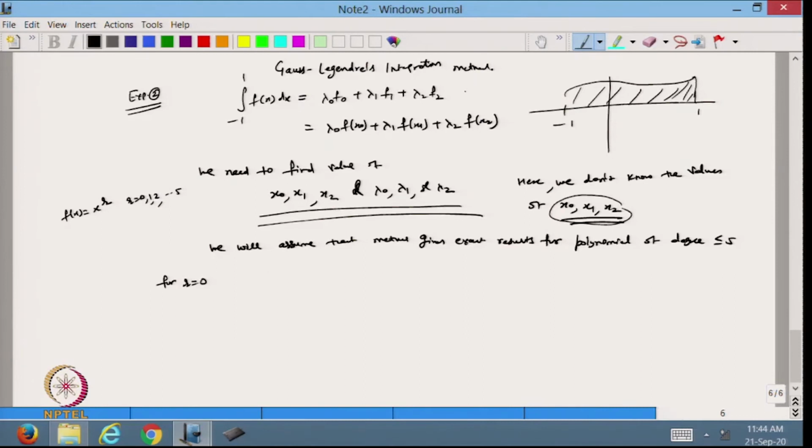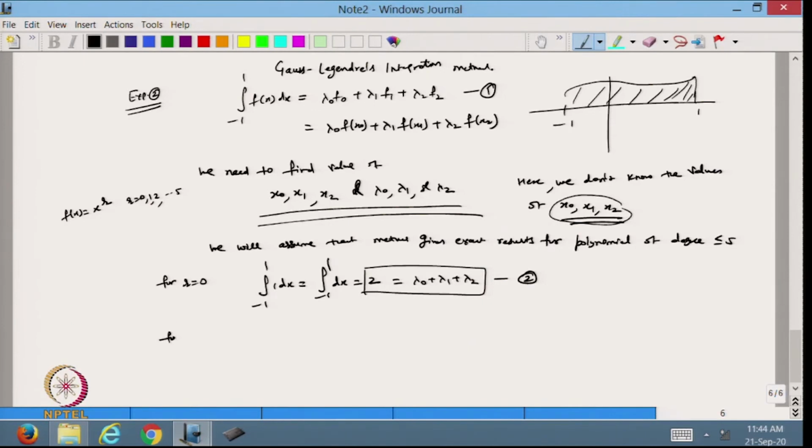From here I can write the integral from minus 1 to 1 of 1 dx, and that value will be 2. On the right hand side I will get lambda naught plus lambda 1 plus lambda 2. So, that is my first equation.